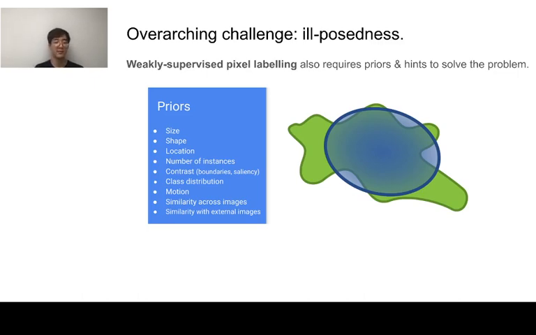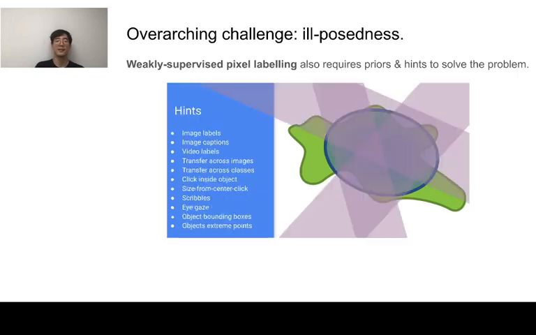It could be the number of instances, or contrast, class distribution, the kind of motion, or similarity across images and with external images as well. On the other hand, hints mean per instance information given by a human labeler. That includes image labels, image captions, video labels, transfer across images, and so on. Research in weakly-supervised pixel labeling and other weakly-supervised learning tasks is about the hunt for different priors and hints to really solve the weak supervision problem.